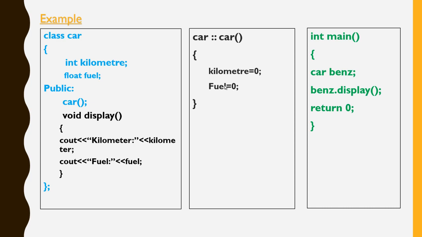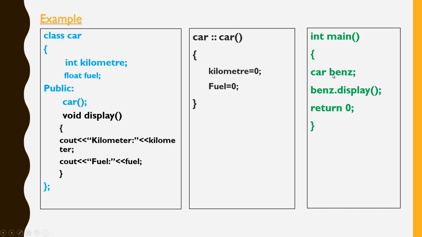And this happens when I create an object of this class. Let's go to the main. We have int main, and within this I have created an object Benz, which is an object of the class car.